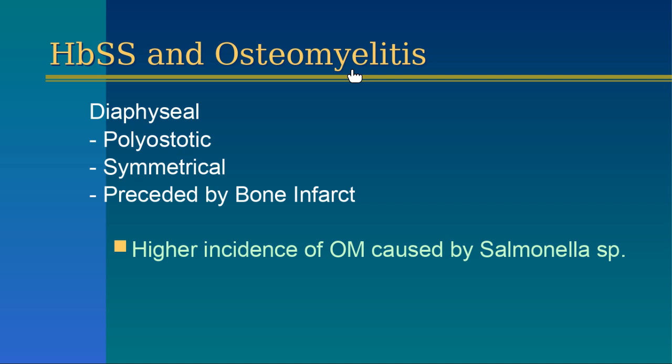We have nothing specific to diagnose osteomyelitis, but the sickler presents a specific challenge in that the underlying condition, sickle cell disease, you have multiple infarcts and vaso-occlusive crises with occlusion of vessels.